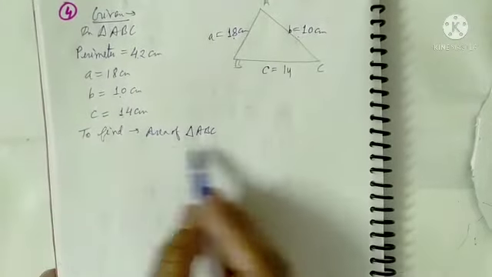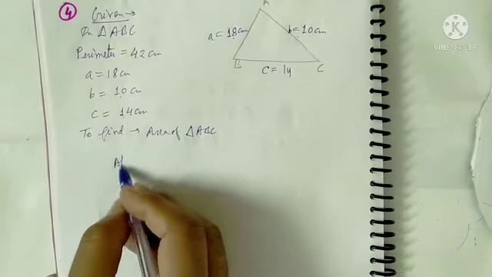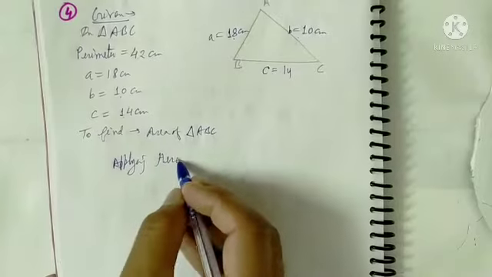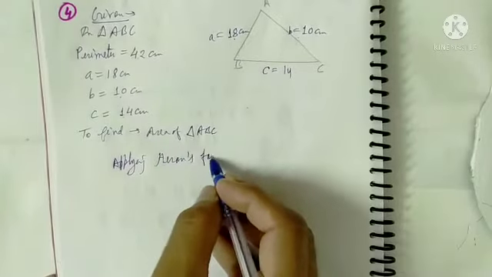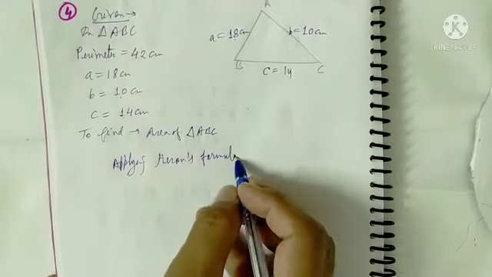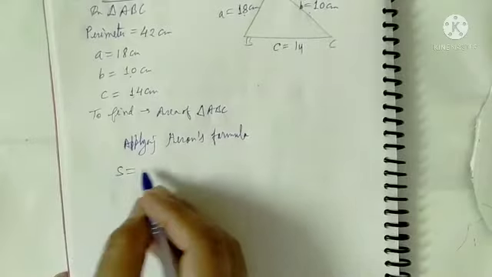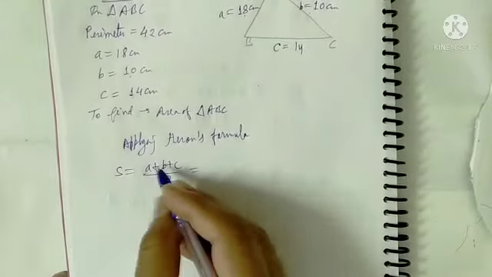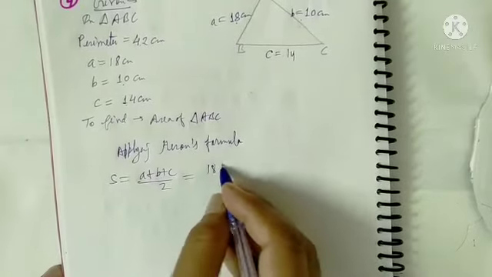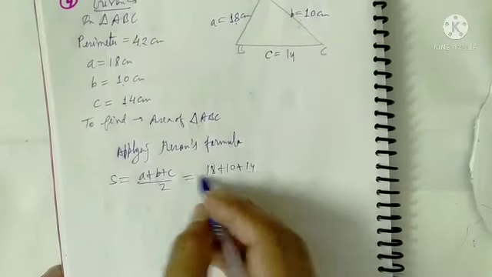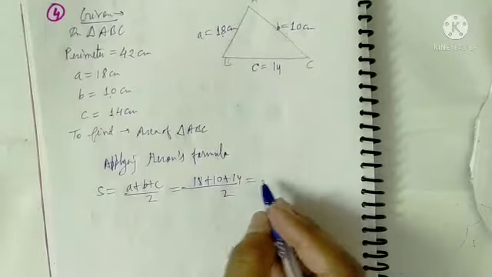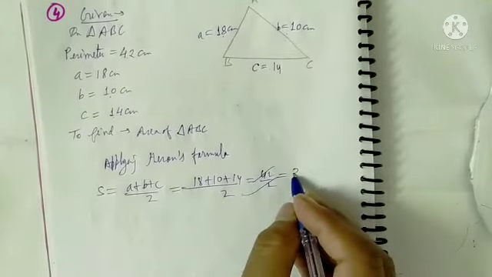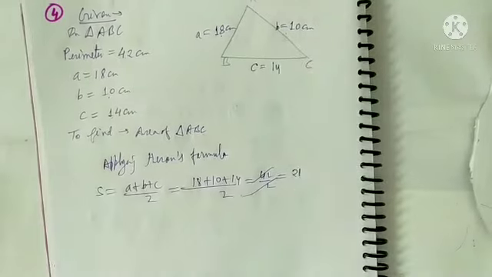Now find out the area of ABC, applying Heron's formula. S is equal to A plus B plus C upon 2, so 18 plus 10 plus 14 upon 2. This is 42 upon 2, which is 21.